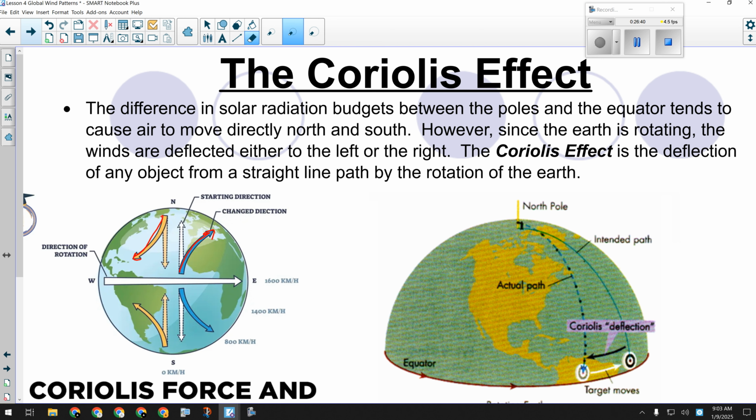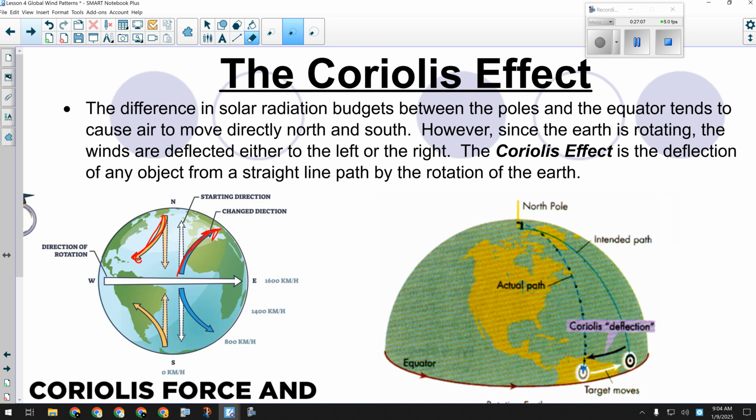As long as you understand and can explain to me that the Coriolis is a deflection that is experienced because of convection doing one thing and the Earth's rotation doing something else at the same time, and that you can tell me that near the equator, that deflection creates easterly winds, and at the mid-latitudes, it creates westerly winds, you're good. You have to mention convection, because that's a big part of it.